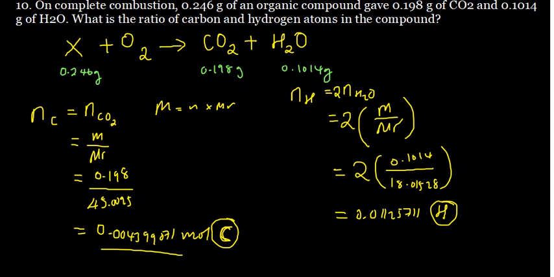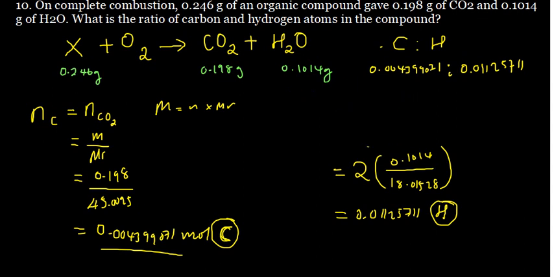Now how are we able to determine that? Well, since we want the ratio of carbon to hydrogen, we'll just get the moles of carbon, which is 0.004399071, to the moles of hydrogen, which is 0.011257111. And then we consider which one is smaller than the other.